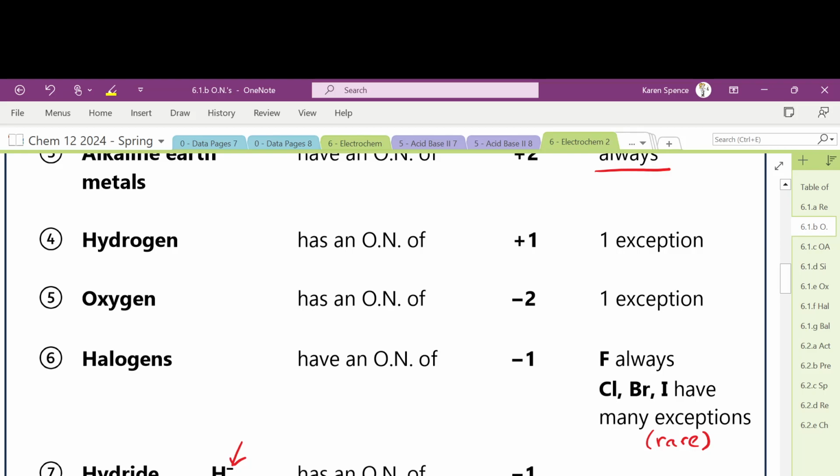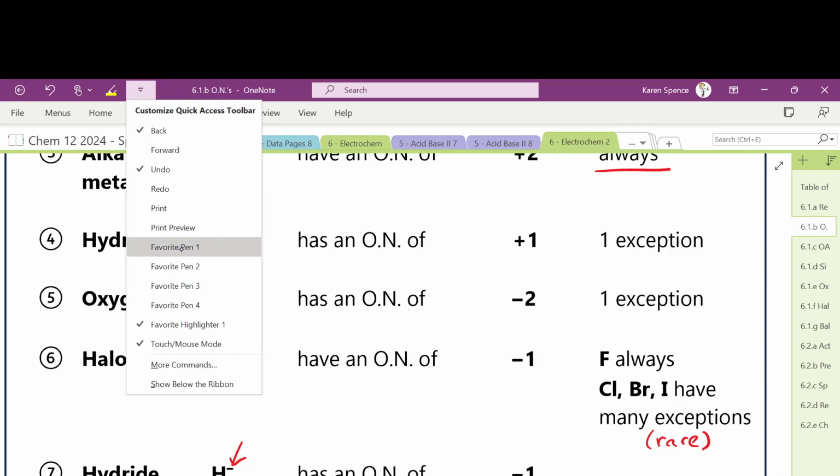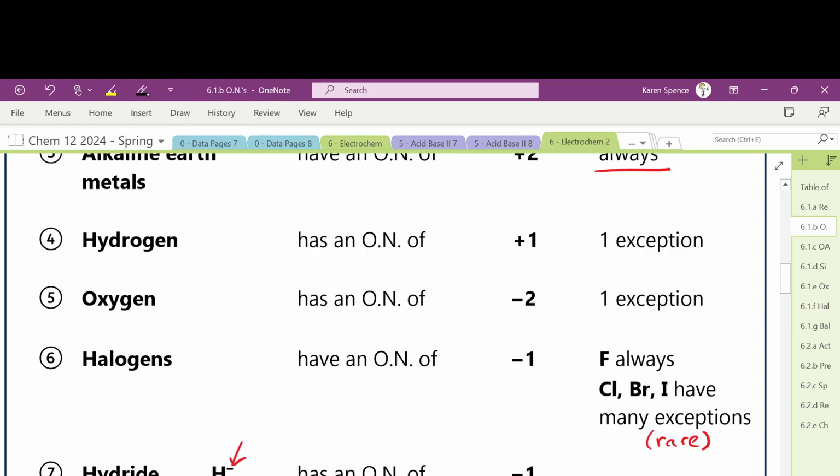And you'll recognize it because you'll have, for example, NaH. Now, what do you remember about alkali ions?